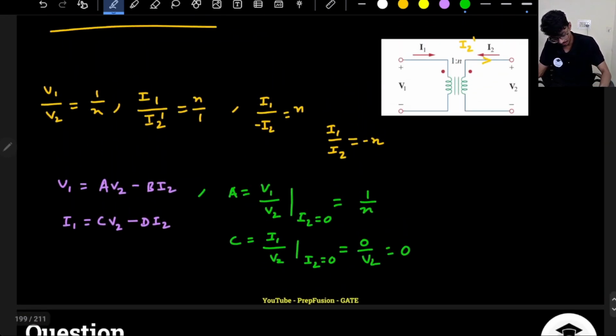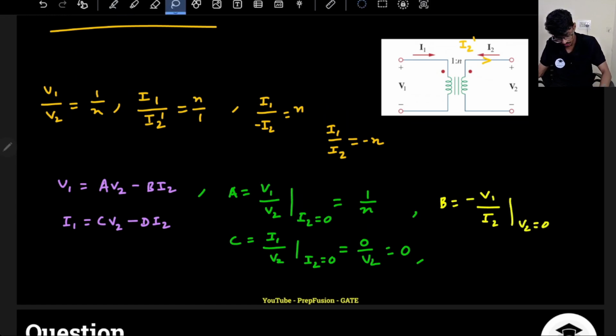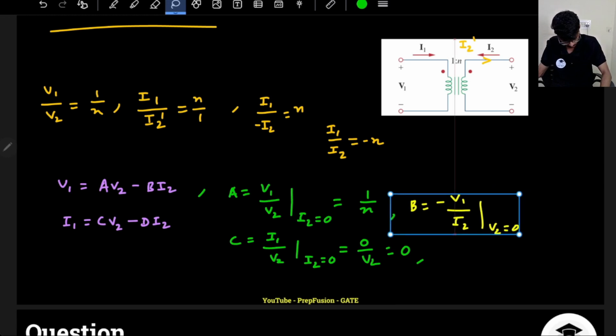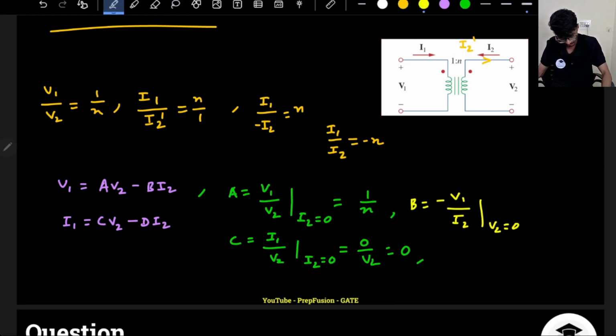What about the other parameters? If I want to find B, B will be minus V1 by I2 when V2 is 0. If V2 is 0, that means V1 will also be 0.